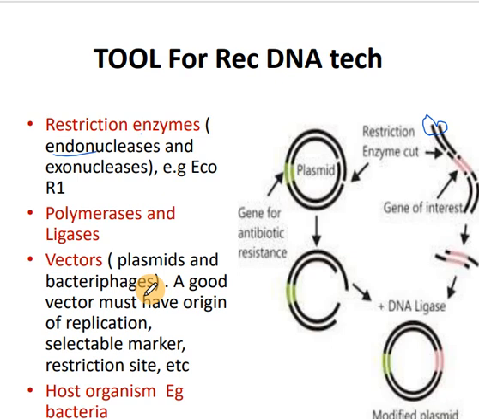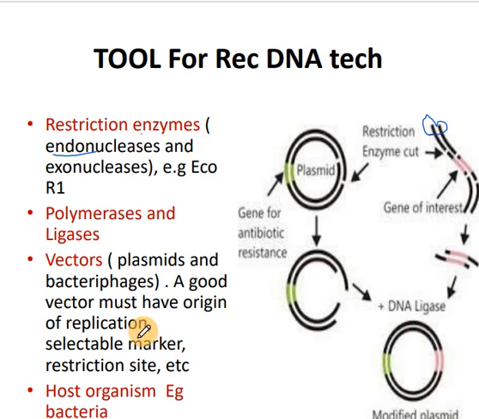Now, for a good vector to be used, it must have what we call an origin of replication. That is a site where there can be division of the cell, because when it is inserted into a host organism, it will undergo replication to produce several copies of the same plasmid. So a good vector must have an origin of replication. It must also have what we call a selectable marker.